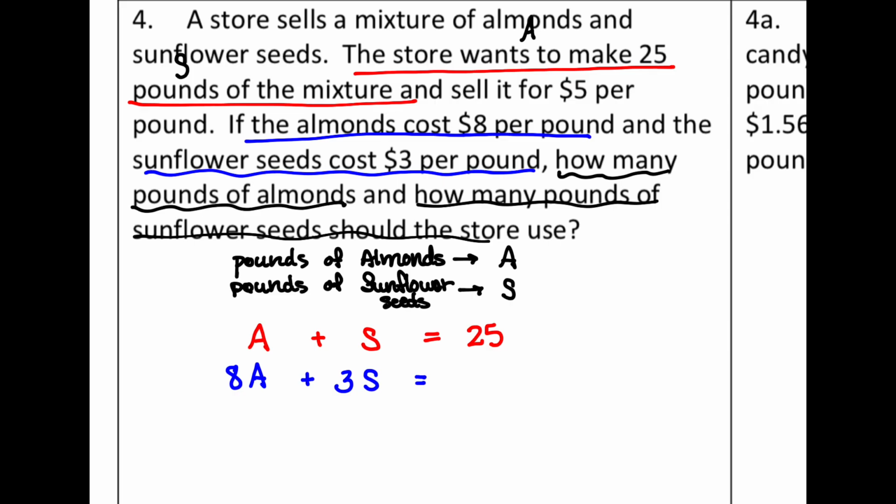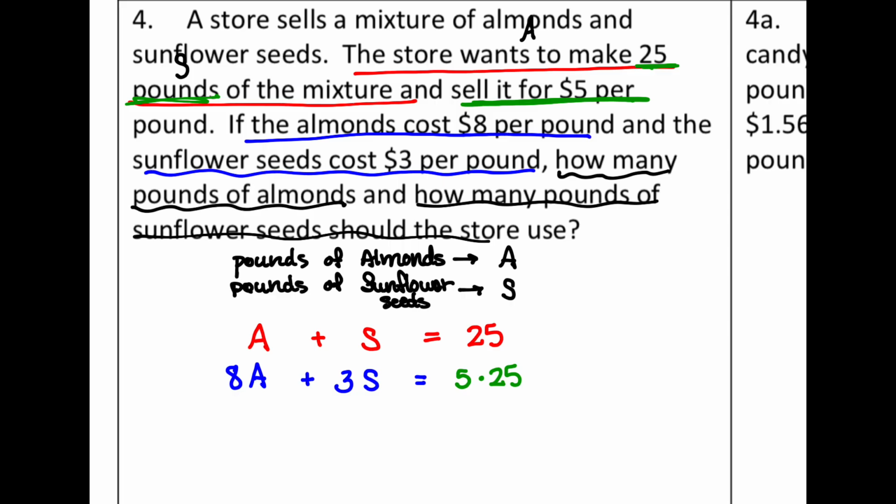Now this isn't like the ticket prices where you have a total. What you're going to use is, let's find it up here. I'm going to do it in a different color. We want to sell it for $5 a pound, and we want to sell all of it, the 25 pounds. So it's going to be $5 a pound for 25 pounds.